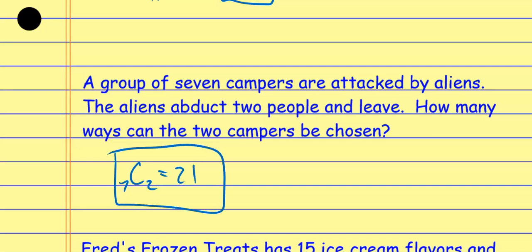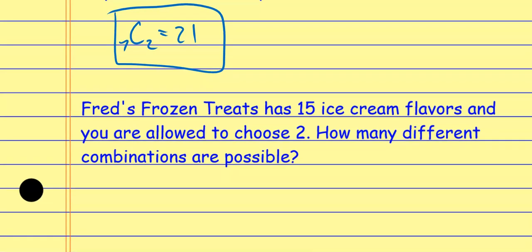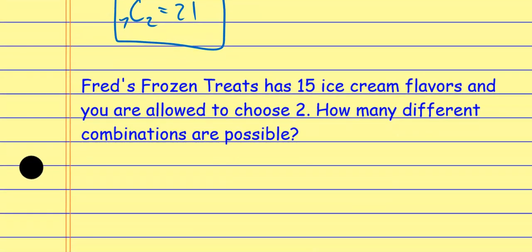If I look at this one, it says Fred's Frozen Treats has 15 ice cream flavors, and you're allowed to choose 2. How many different combinations are possible? The idea here is, think about choosing flavors. If I step up to the counter and say, I would like a scoop of chocolate and a scoop of vanilla, versus if I say, I want a scoop of vanilla and a scoop of chocolate, am I going to get something different?